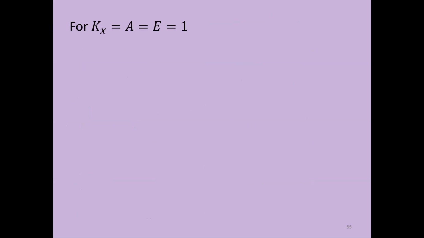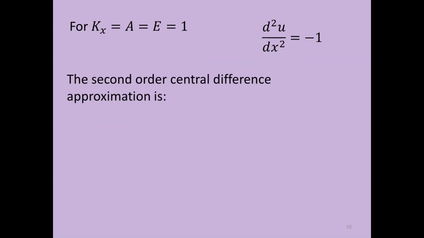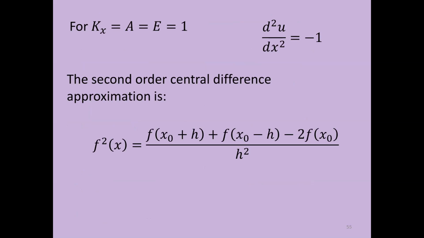Same thing was done for the analytical approach also. So the governing equation now becomes d2u by dx square is equal to -1, and the second order difference is on the display.